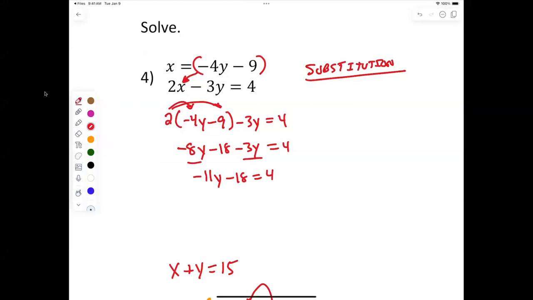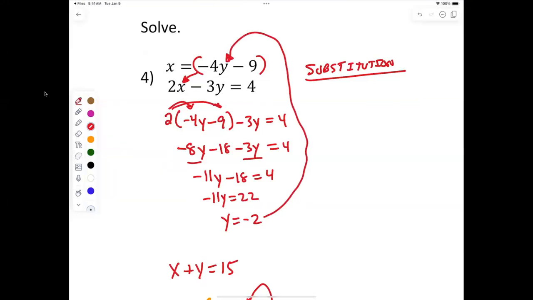Now add 18. So y is what? Does everybody agree y equals negative 2? Now I come up here and I plug negative 2 in.